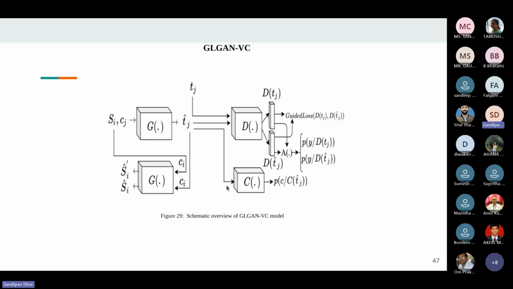However, there should be another classifier. How this classifier works is, because we are assuming that the generated feature will be similar to the jth speaker's vocal feature, we also have to use a speaker identification model that can identify whether the jth speaker identity has been perfectly extracted or not. So it is basically a classification model, a speaker identification model.